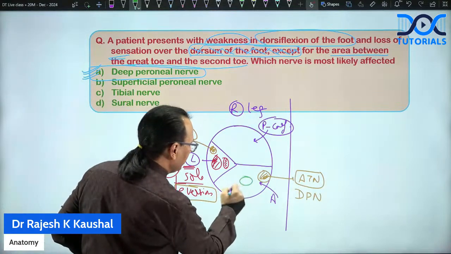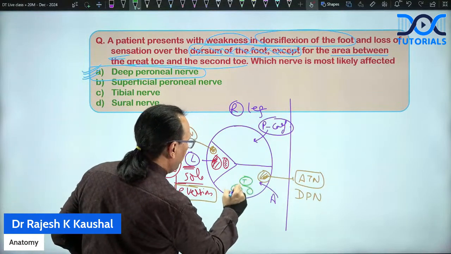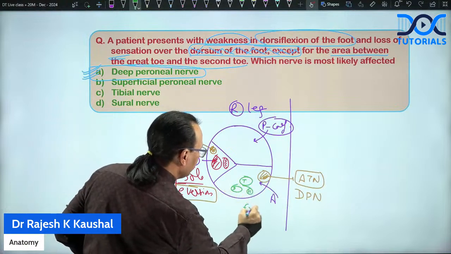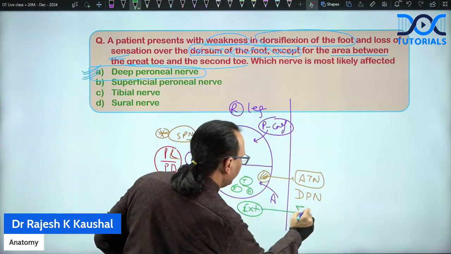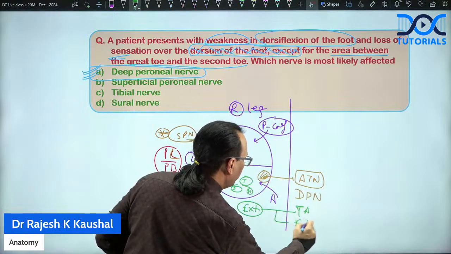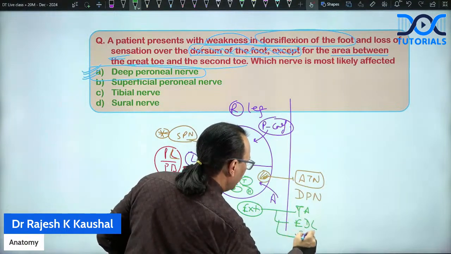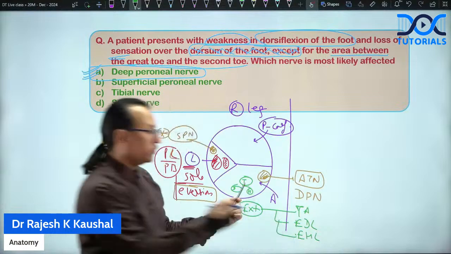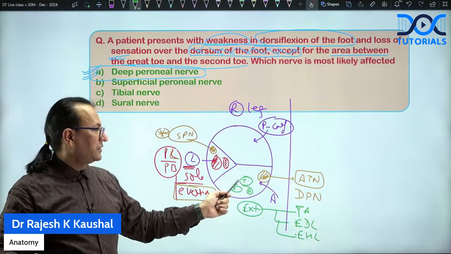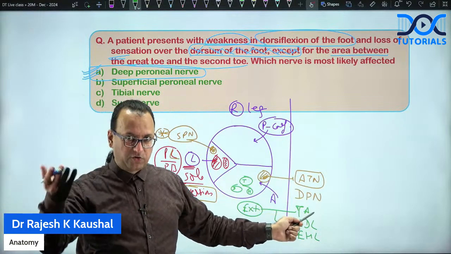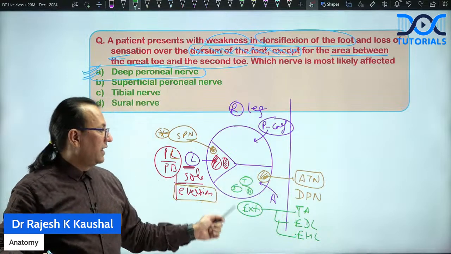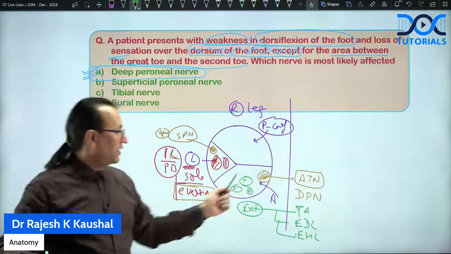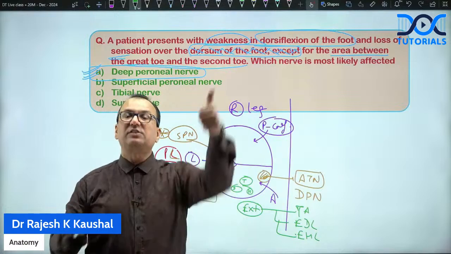Now, who are Tom, Dick, and Harry? The extensors are tibialis anterior, extensor digitorum longus, and extensor hallucis longus. As the name tells, tibialis anterior is anterior to the tibia, D is extensor digitorum longus, and H is hallucis, which means great toe.